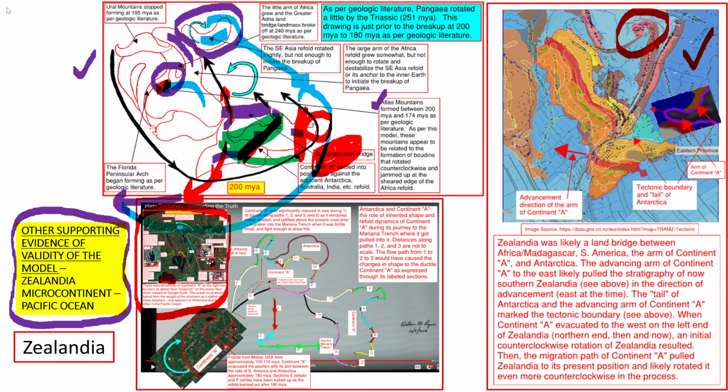It's probably in about this position, and I guess it dragged it over to this position, and then supposedly it came off of Australia around 80 million years ago. So when Zealandia went around the turn, I guess it pulled it off of Australia.